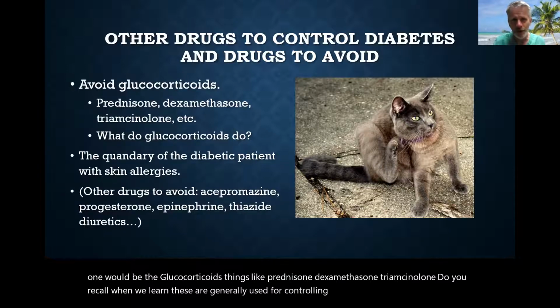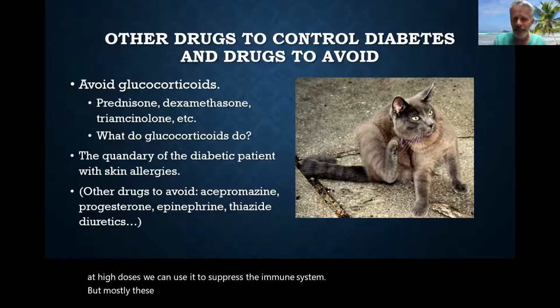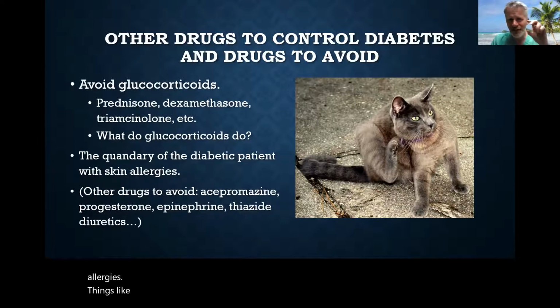A patient with itchy skin. At high doses, we can use it to suppress the immune system, but mostly these are used for flea allergies, airborne allergies, sometimes for food allergies, things like that.